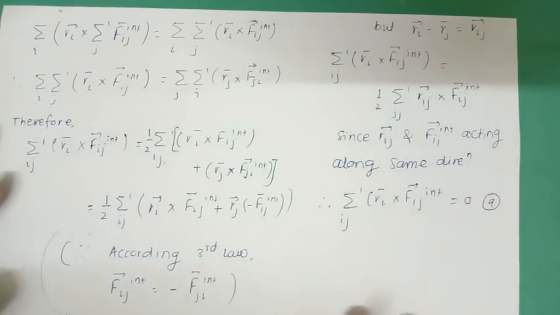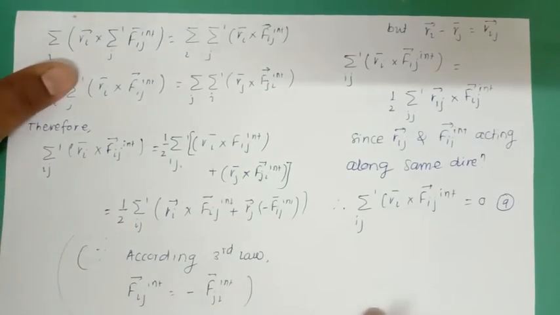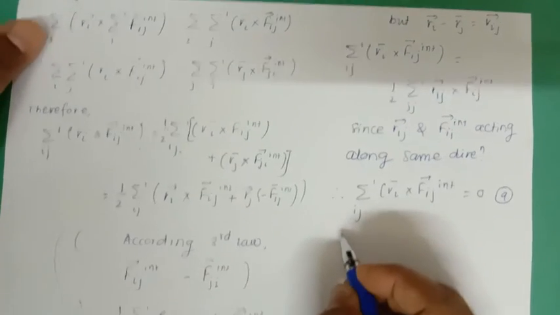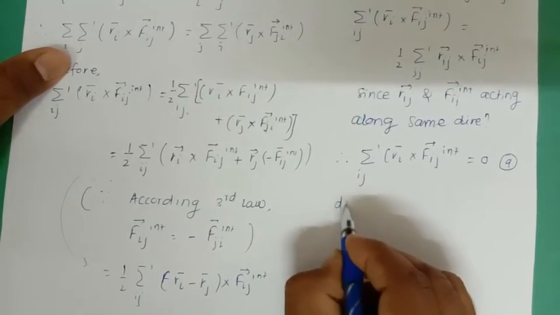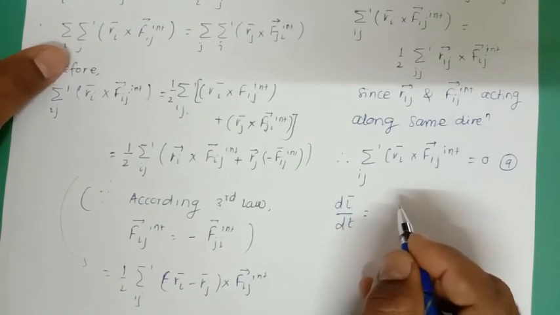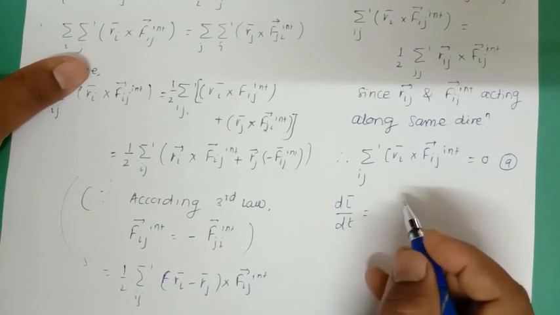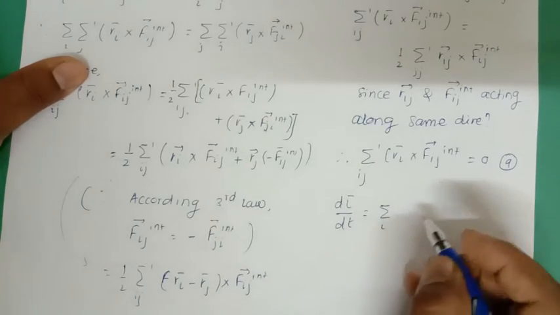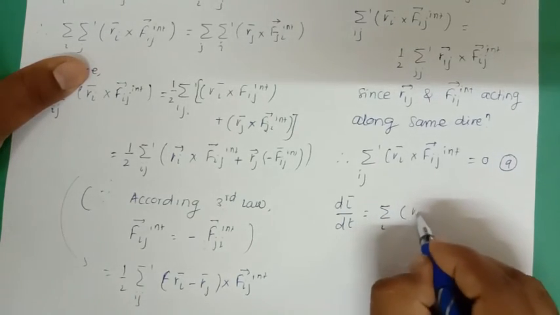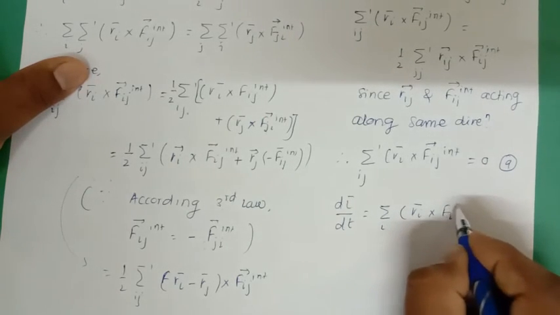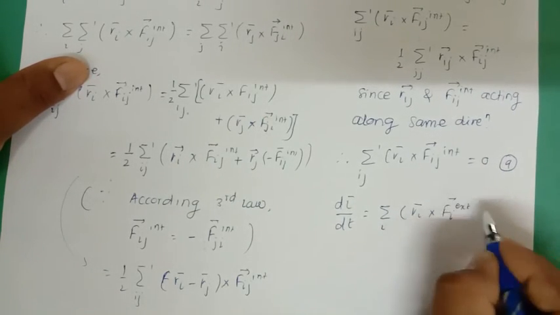So how to write this complete equation? Our original equation for dL bar by dt is equal to, only one term is remaining, which is regarding the external forces: the sum of Ri bar cross Fi external bar.